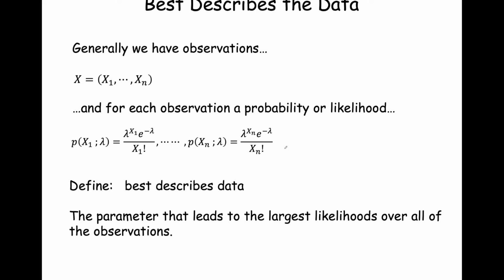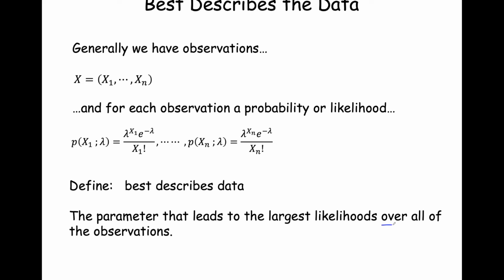So that value for lambda will be the lambda such that we get the best description of the data. We're maximizing the set of likelihoods, which is why this is called the max likelihood estimation approach. So best describes the data means that we have some unknown parameter lambda we're solving for that leads to the largest likelihoods over all of the observations.